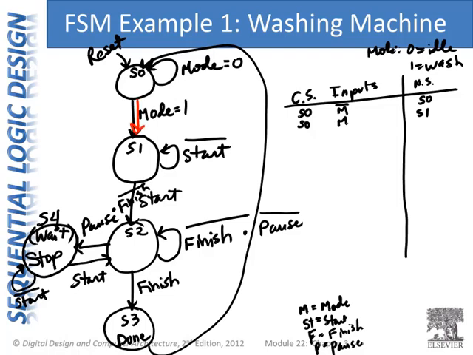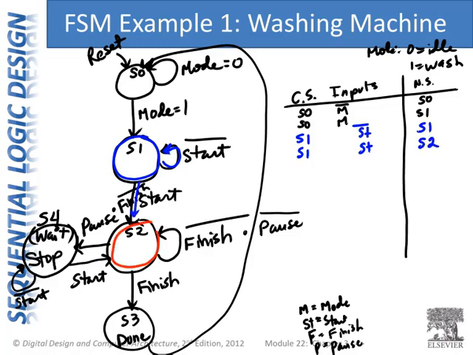This transition. If now we're in S1, so again, once we're in a given state and we're writing our state transition table, don't worry about S0, S4, S2, and S3. Just worry about S1. So if we're in S1 and start is 0, then we want to go back to S1. If we're in S1 and start is 1, then we want to go to S2.